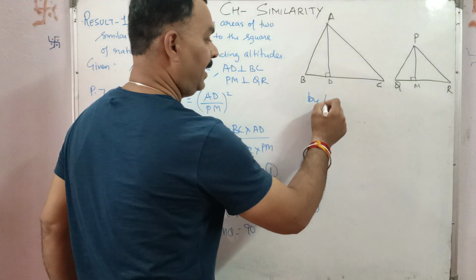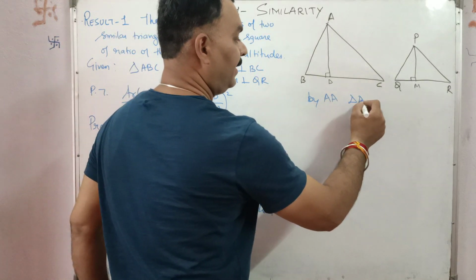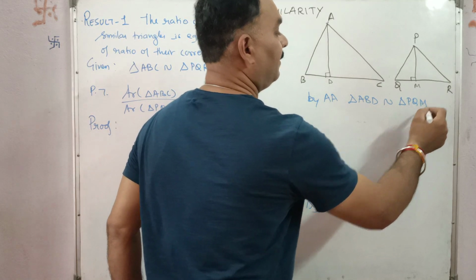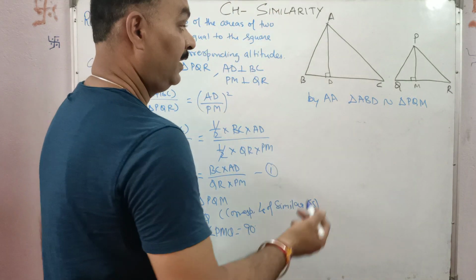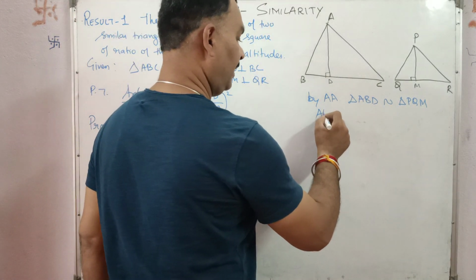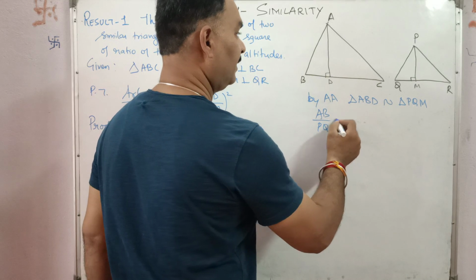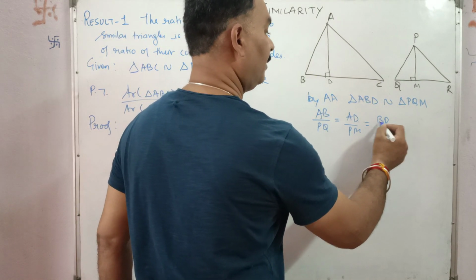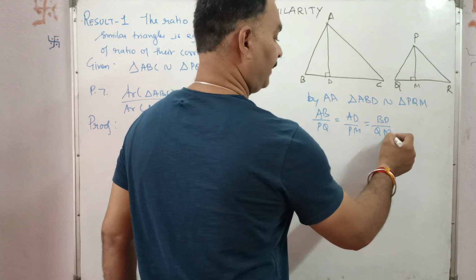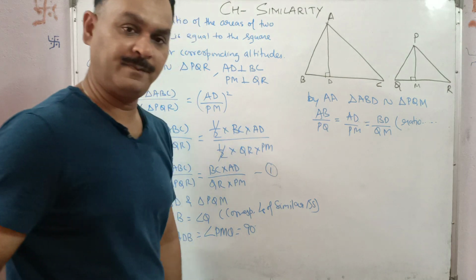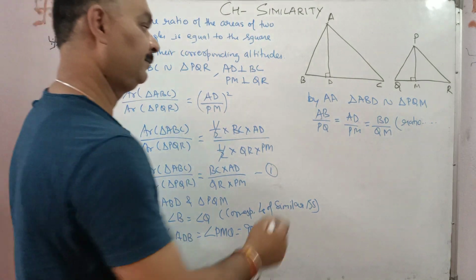So by AA, triangle ABD is similar to triangle PQM. Now these two triangles are similar, so we can write the ratio of the corresponding sides, that is AB upon PQ is equal to AD upon PM is equal to BD upon QM. You know the reason: ratio of corresponding sides of similar triangles are equal.